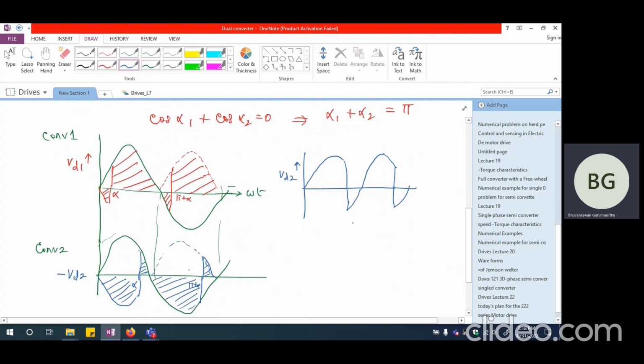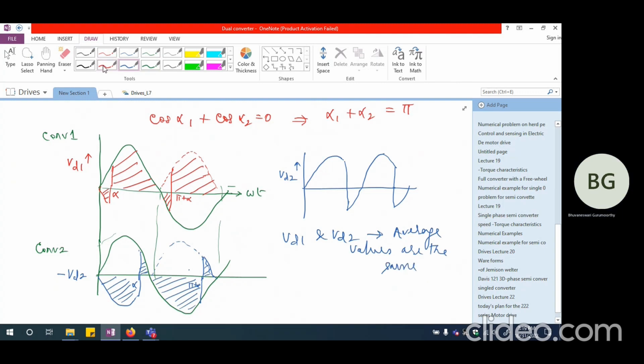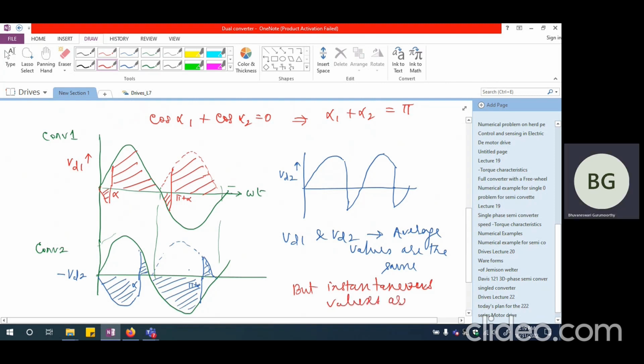So although on an average basis VD1 and VD2 average values will be the same, the instantaneous values are different.